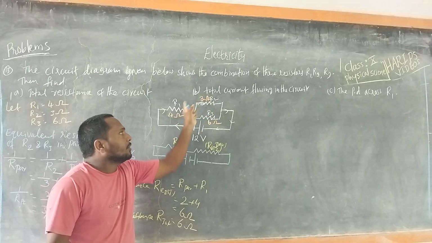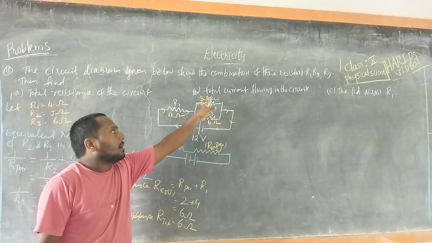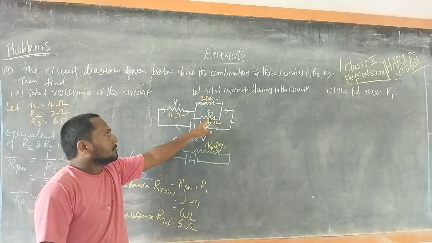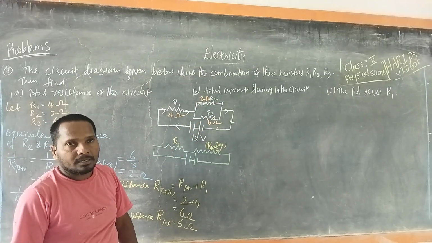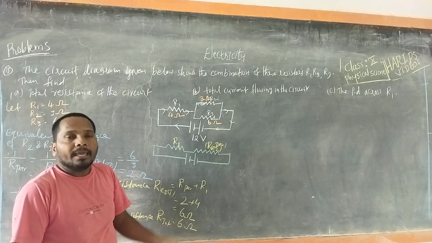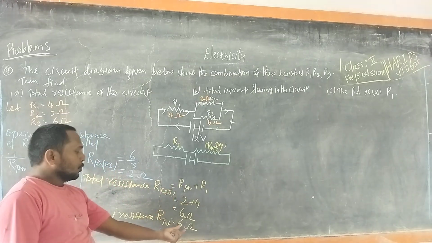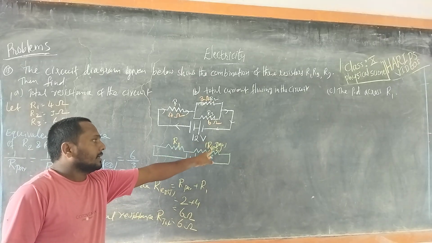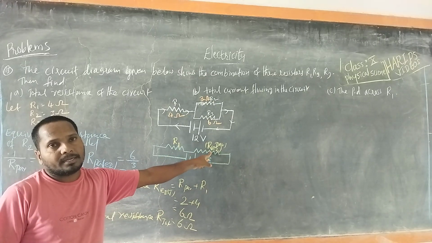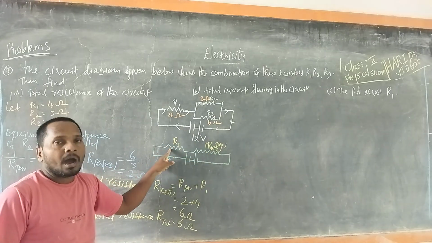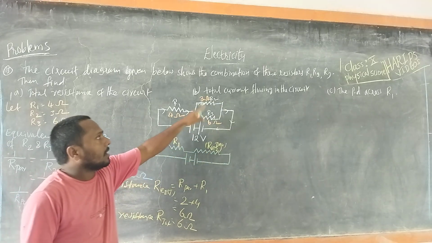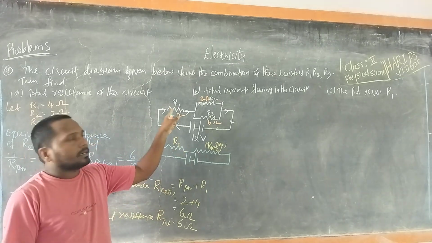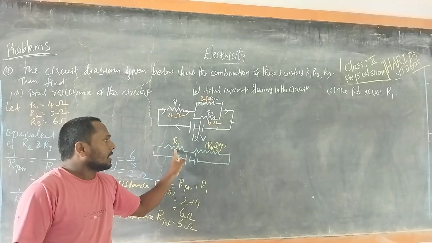Instead of using the R2 and R3 resistors, we use a single 2 ohm resistor connected in series with R1.